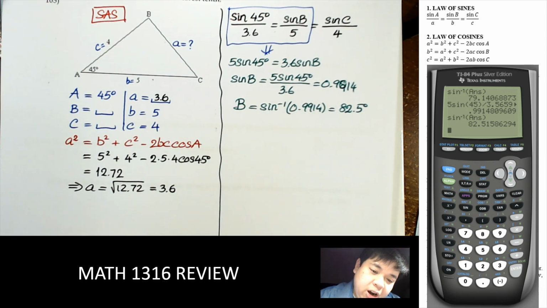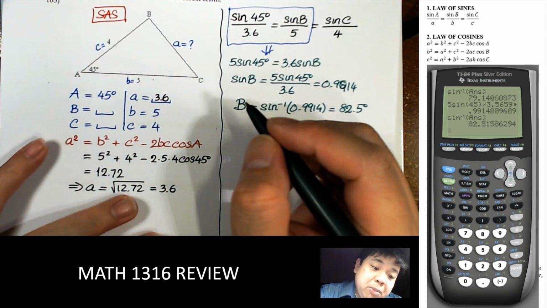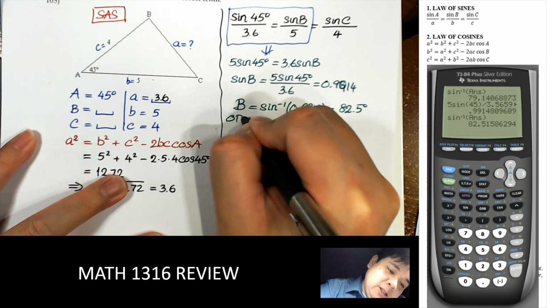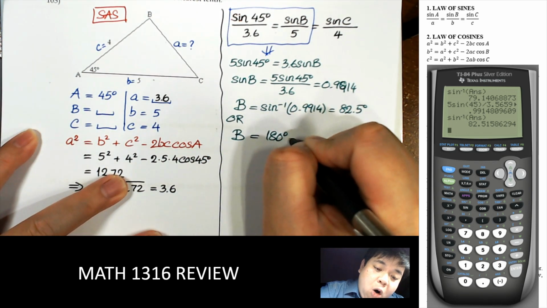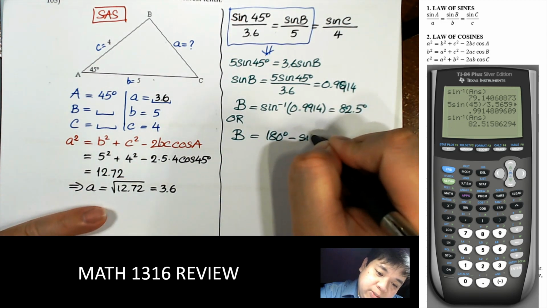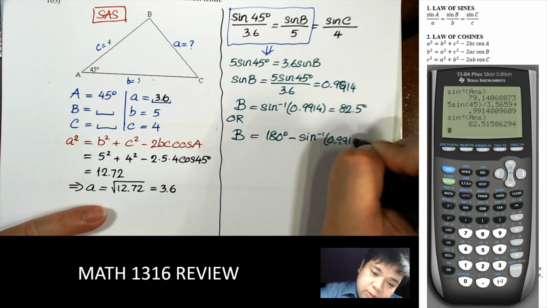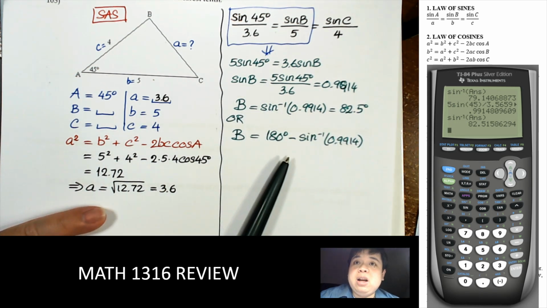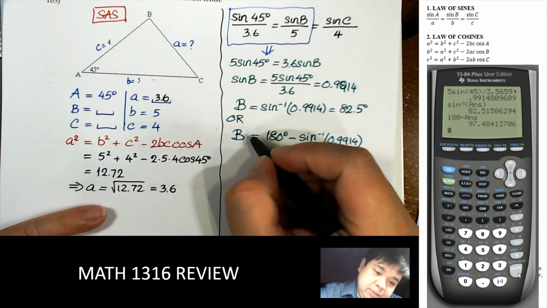So 82.5, remember, it could also be the supplement to it. That is a drawback when we use the law of sine to find an angle. So 180 minus that, we have 97.48.